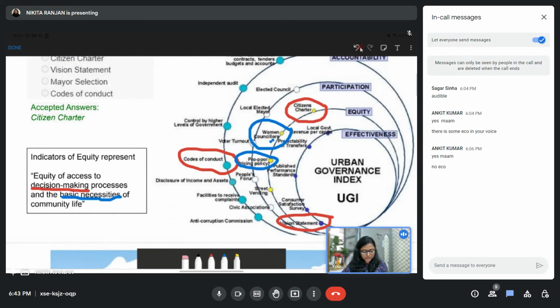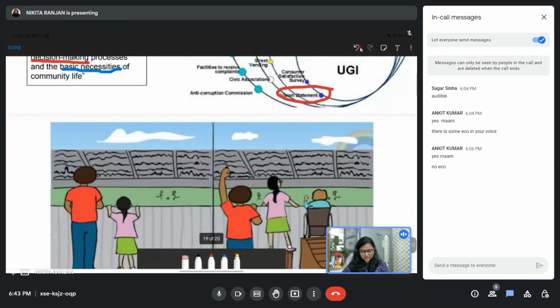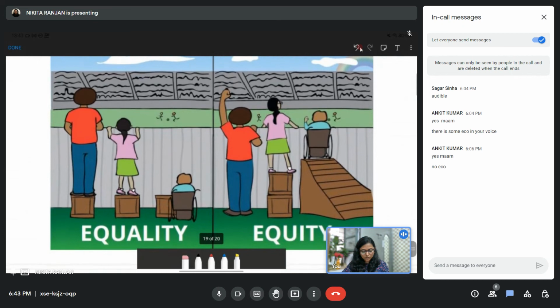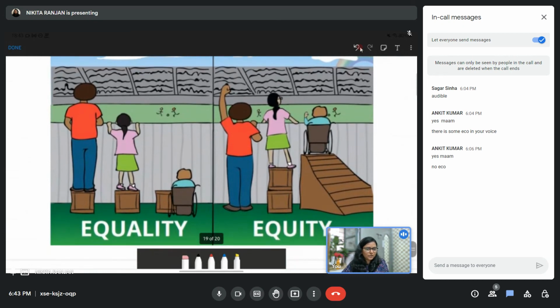What you need to understand is that equity is not equality. When we say equality, we just provide the same solution for everyone, it doesn't matter if it supports everyone in the same way. It makes the outcome the same for everyone, and makes things accessible in the same way for everyone. However, when we talk about equity, the solutions or inputs we provide could seem unequal.